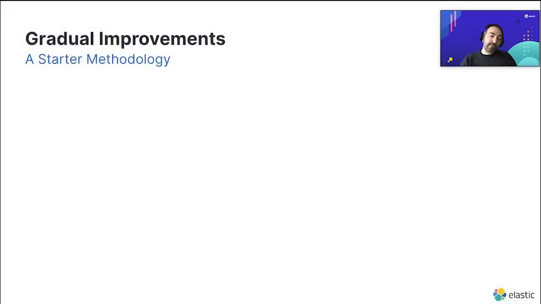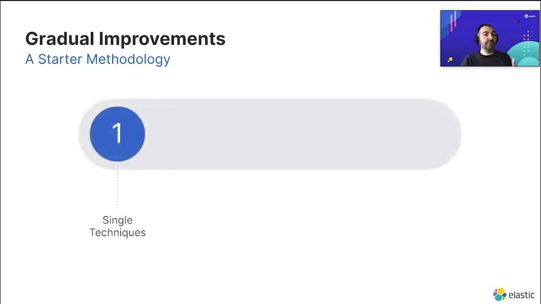Now, I'm going to propose a methodology that you can start with before getting into full adversary emulation. Start with a single technique or techniques. So only one technique that you walk through, execute it, see the results. Then build a tactic group, so for example, do something like command and control, C2.